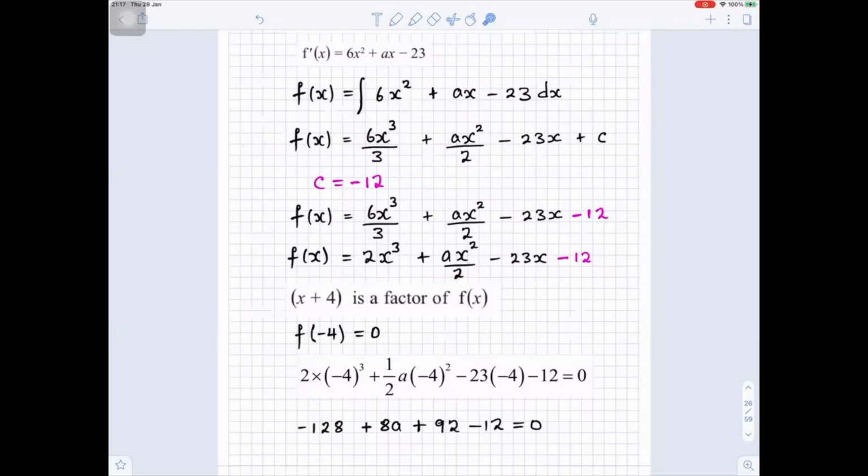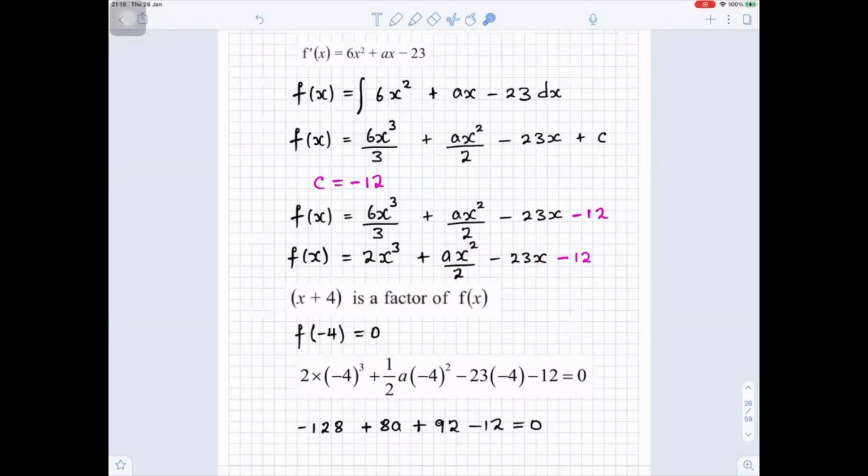It also says x plus 4 is a factor of f of x. That means if you put f of minus 4, it will be 0. So we have the 2, we put minus 4 cubed plus a over 2 times minus 4 squared minus 23 times minus 4 minus 12 is equal to 0.